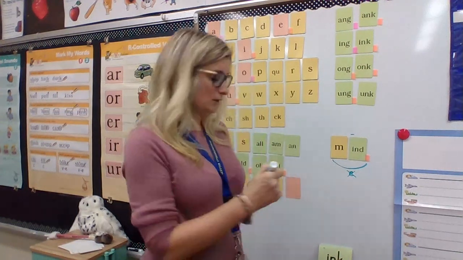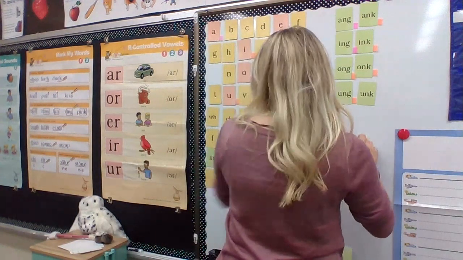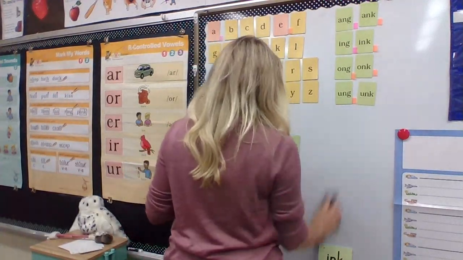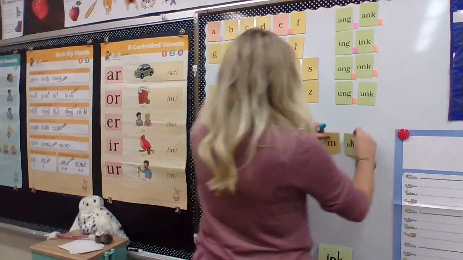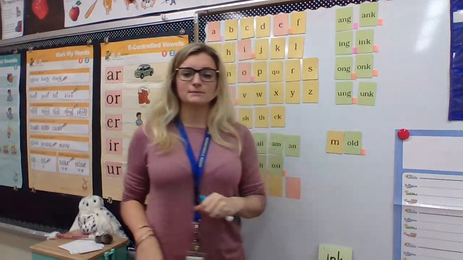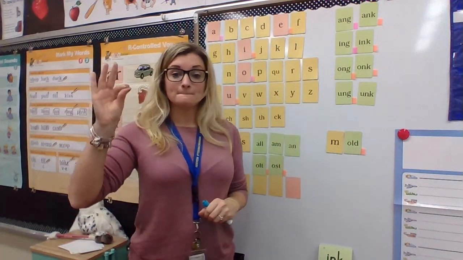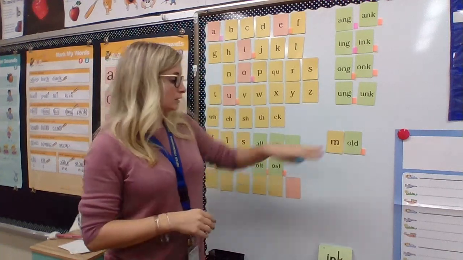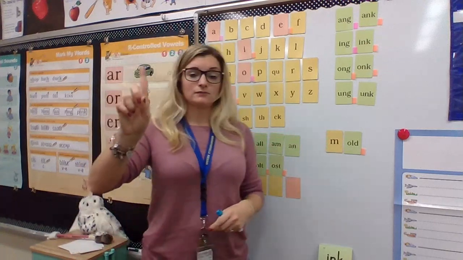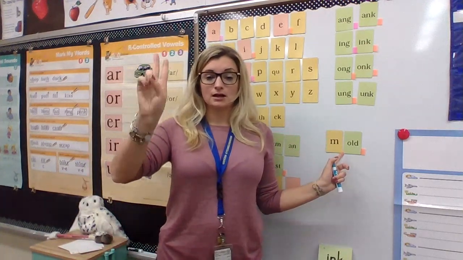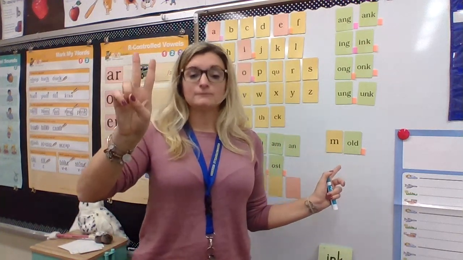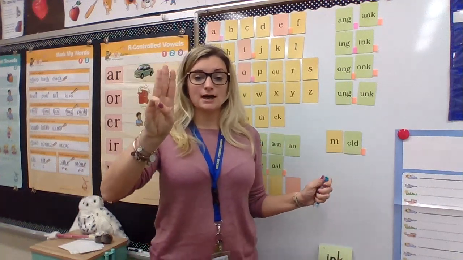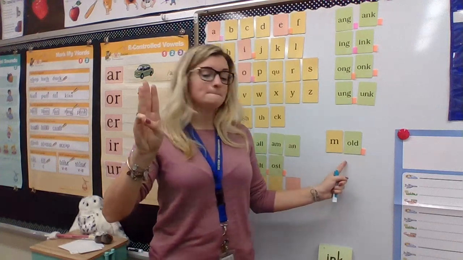Okay, let me give you another example. All right, let's go ahead and tap this one out. Old, mold. Let's look at our rules. Rule number 1, does it have one vowel? Yes, it does. Rule number 2, is it followed by a consonant? Yes, it is. Rule number 3, does it make the short vowel sound?